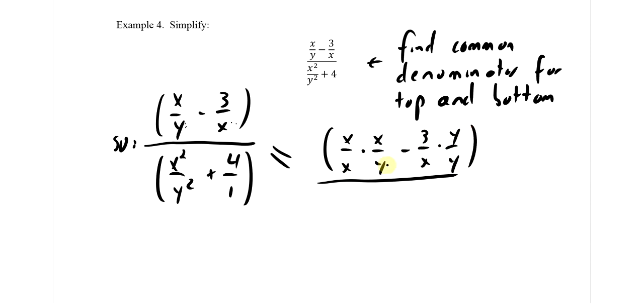Right? And now our denominators will be x times y. What about down here? Well, this is a y squared, this is a 1. We just need to multiply this by y squared to get a common denominator in the bottom. Oops, that's a plus. So a common denominator here will be y squared, and here will be xy.